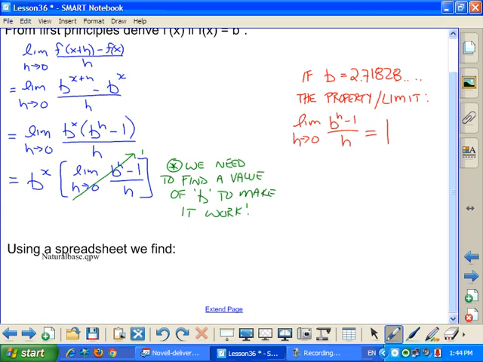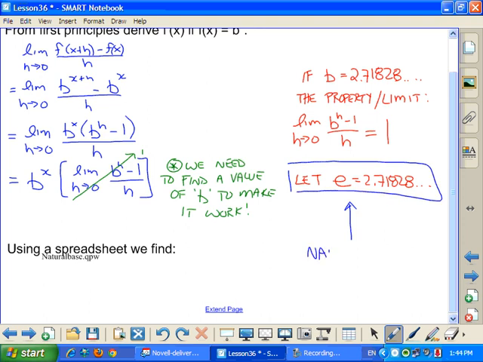Rather than writing that number out, mathematicians have said let e equal 2.71828, and so on and so forth. You'll find that button on your calculator. What we call this is the natural base. So base e is what we call the natural base.